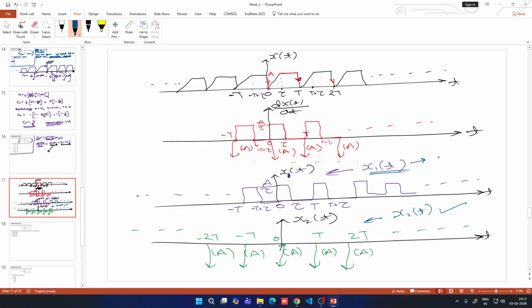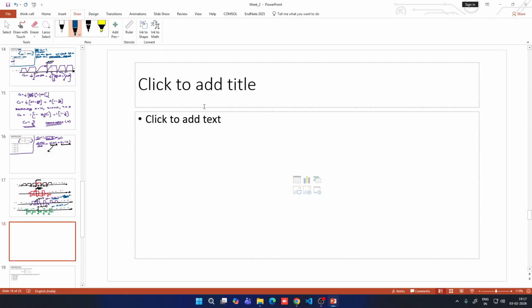That means we have to take differentiation again. We have to differentiate x1 of t. So now we'll move on to the next page.